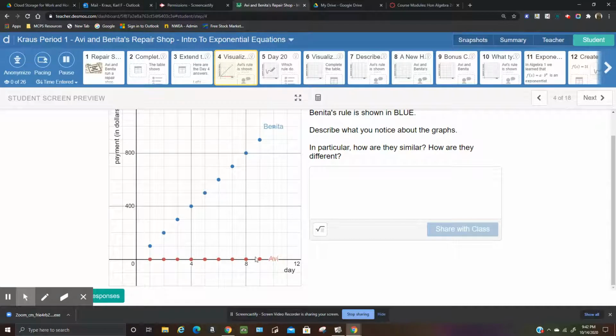You can't see that upward curve, the exponential curve. So both look like lines right now, with Benita's line having a steeper slope.